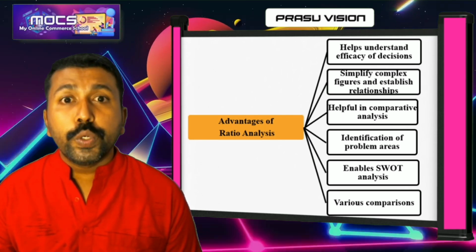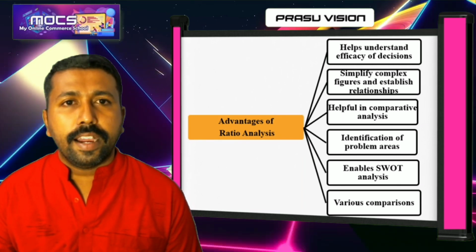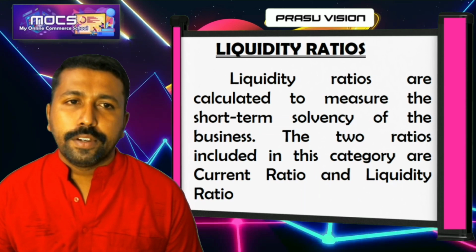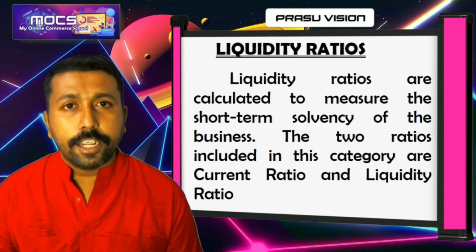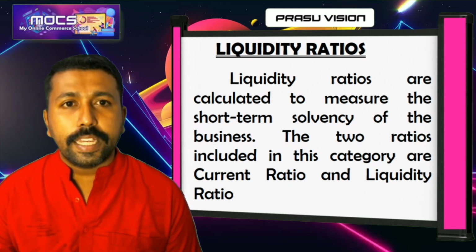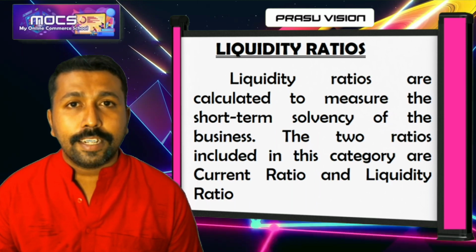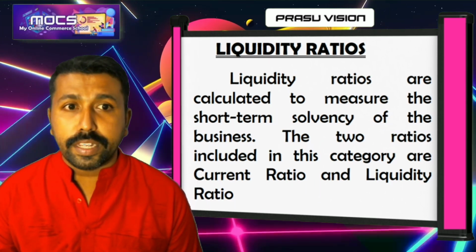First of all, we are going to discuss and solve problems to get the interaction and hands-on experience regarding liquidity ratios. You know very well the meaning of the term liquidity. Liquidity shows the ability of the firm to convert its current asset into cash within a period of maximum 1 year.